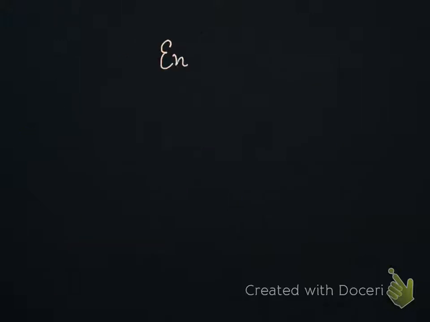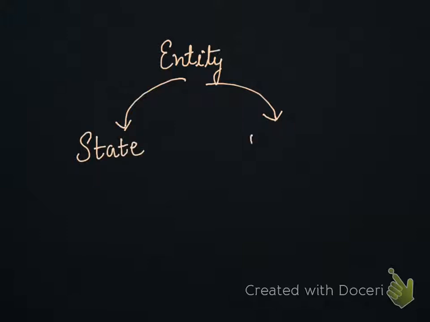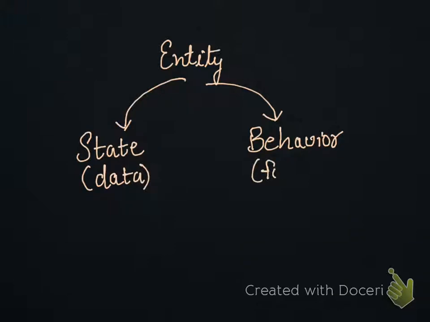So when I'm talking about an entity in an object oriented language, an entity has two things associated with it. So one thing is the state and the other thing is the behavior. State refers to some form of data and behavior refers to some sort of functions.